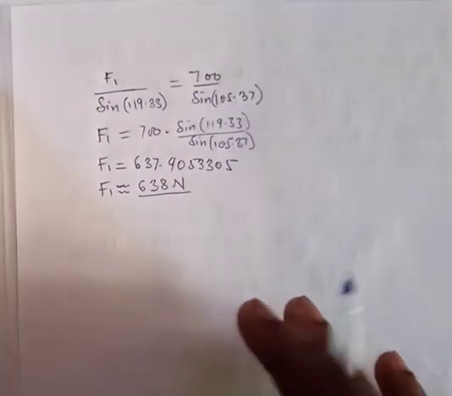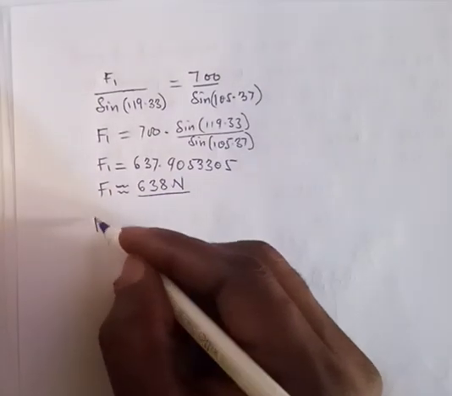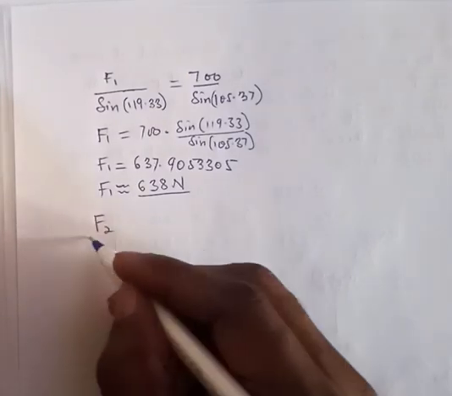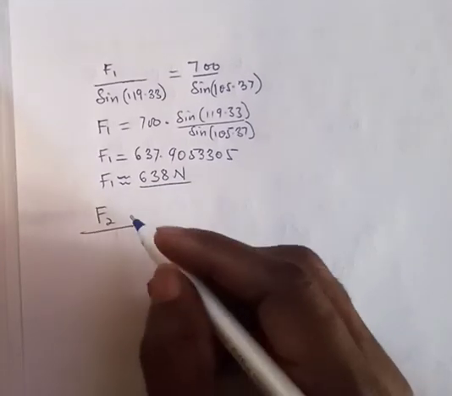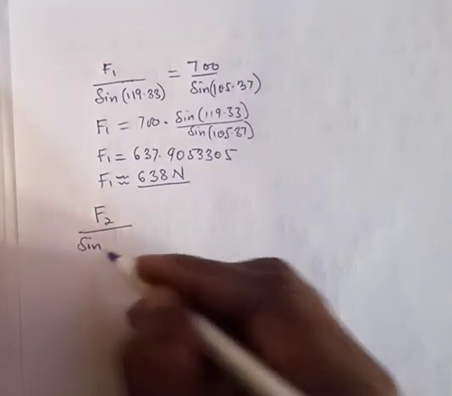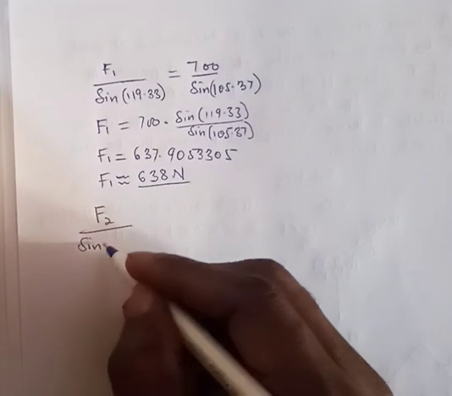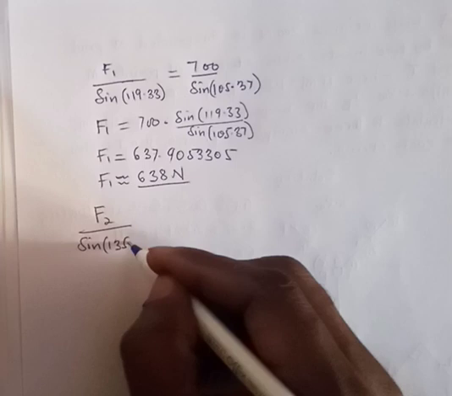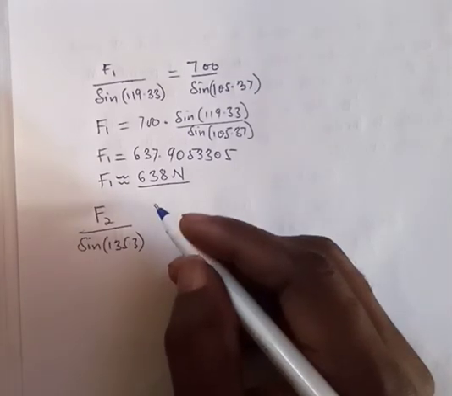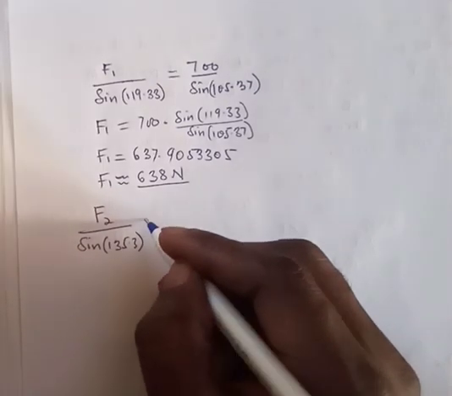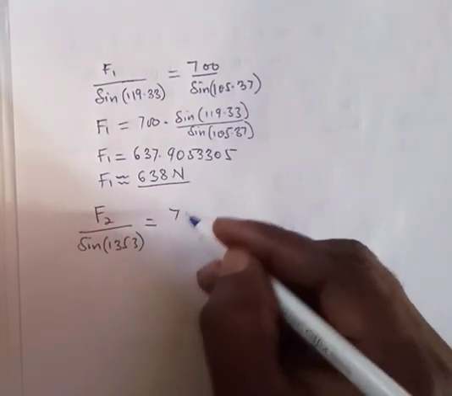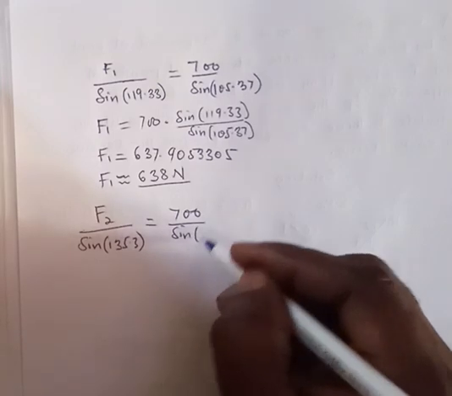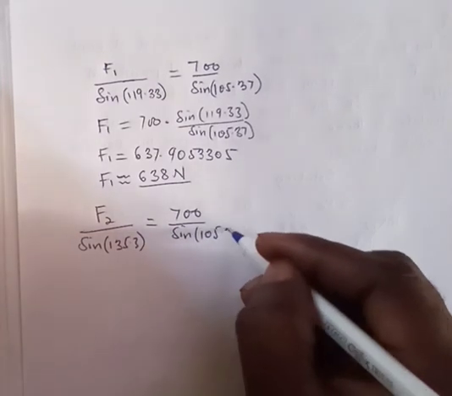Have we gotten that? So let's look at the tension in the second string. So F2 is divided by sine 135.3, which is equal to 700 divided by sine 105.37.